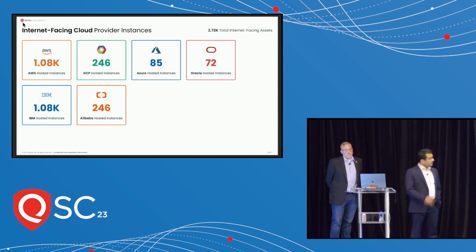This gives a very interesting view: you have authorized AWS or GCP, but you see your instances hosted on other cloud providers like IBM or Alibaba, and that gives you a notion like, hey, what are my assets doing there, right? Did one of your developers just spin this up, or did any of your acquisitions or subsidiaries spin up an instance on a different cloud provider that you have not authorized, right?